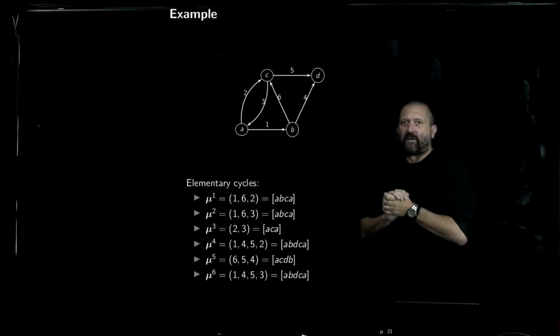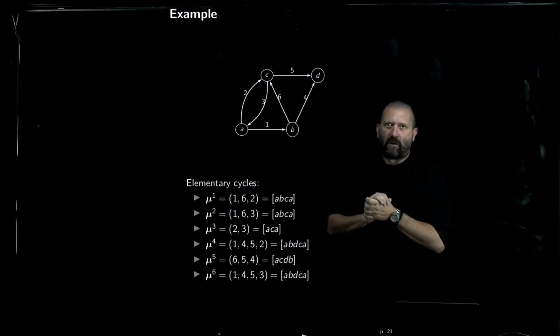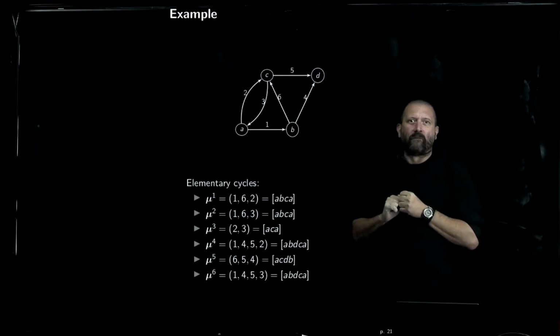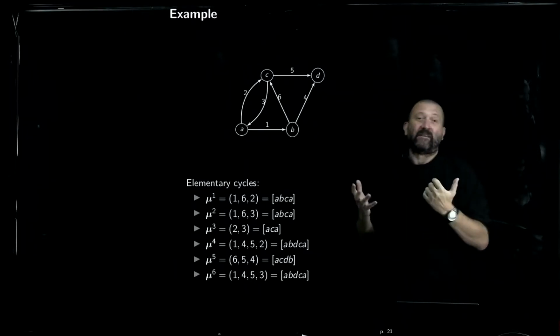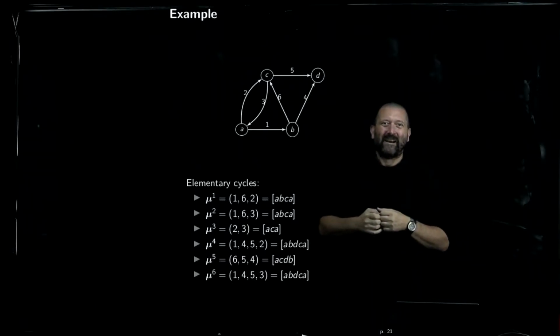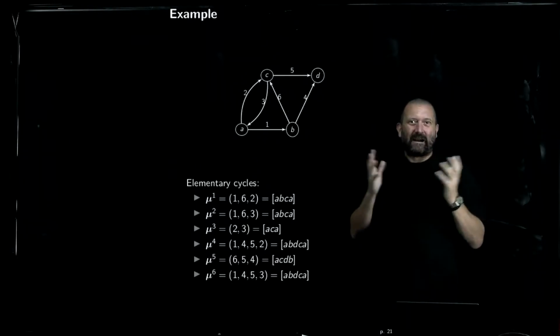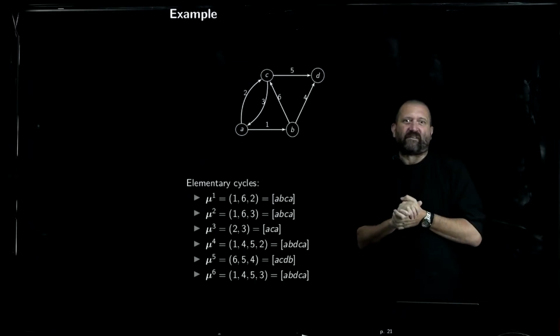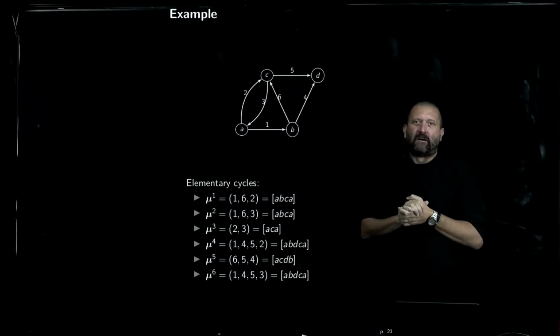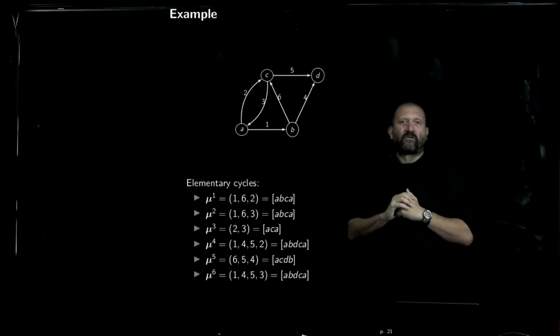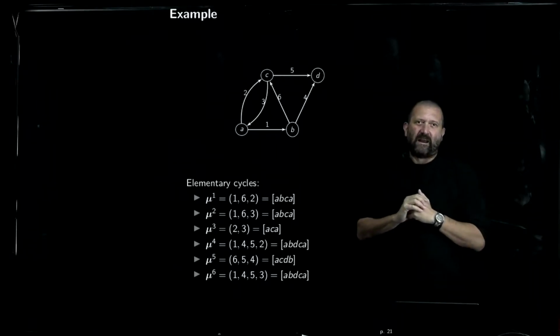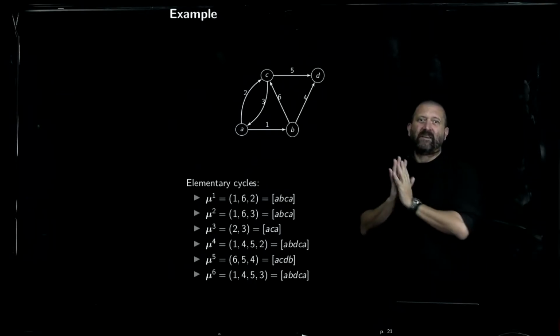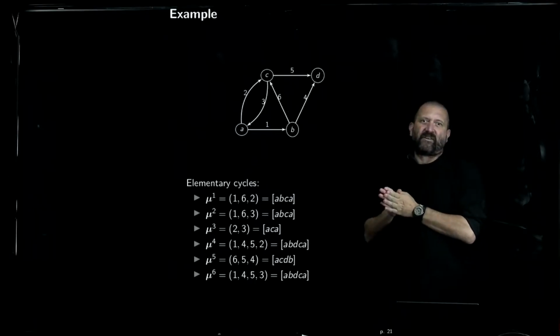So consider this graph here. I have 4 vertices, A, B, C, and D, and a certain number of arcs, which I've labeled from 1 to 6. Now, here I'm going to look just at elementary cycles, and I'm going to claim that these are the only elementary cycles that we can find.